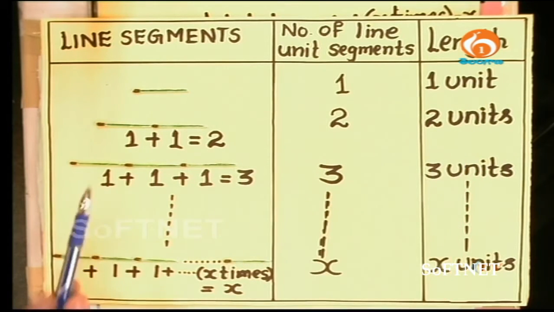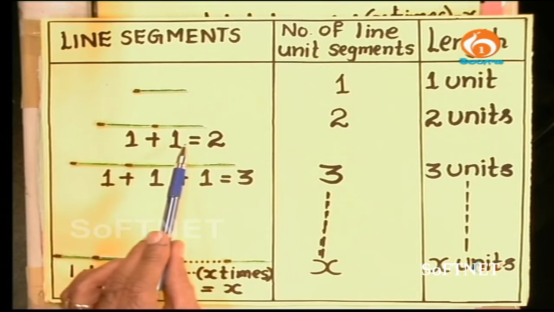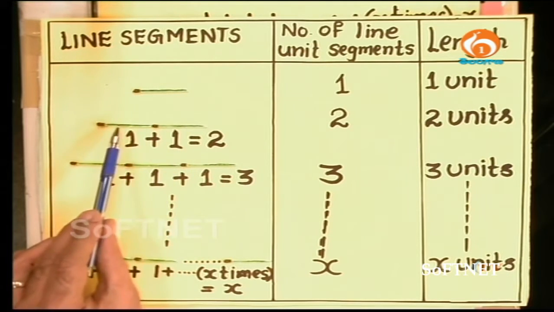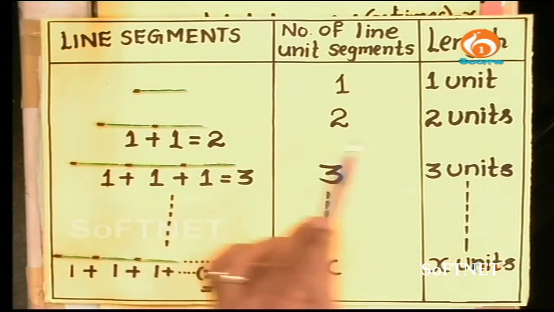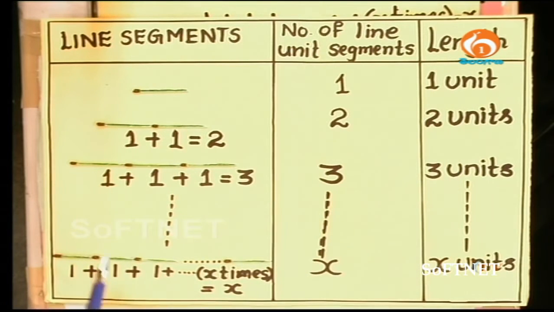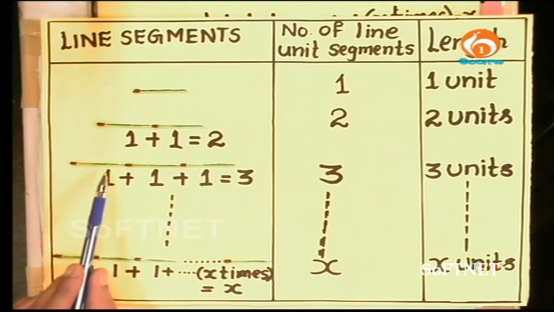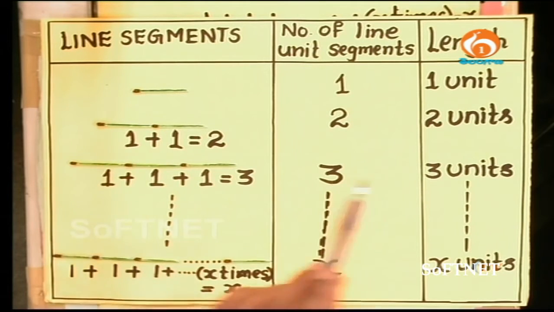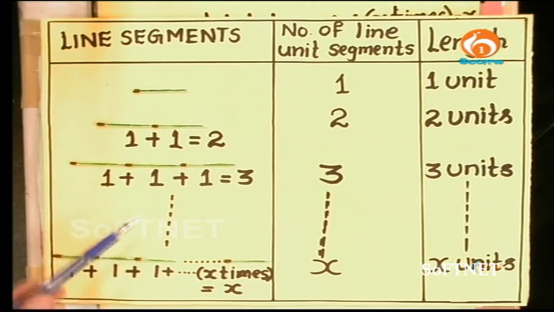Now, we arrange two line segments side by side, each one is 1 unit. So, 1 unit plus 1 unit is equal to 2 units. Likewise, when we arrange 3 line segments each of 1 unit length, 1 plus 1 plus 1 is equal to 3 units. If we continue like this, suppose we consider x line segments each of length 1 unit, 1 plus 1 plus 1 plus etcetera.